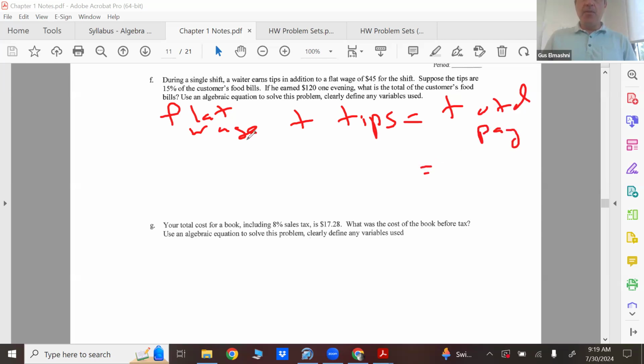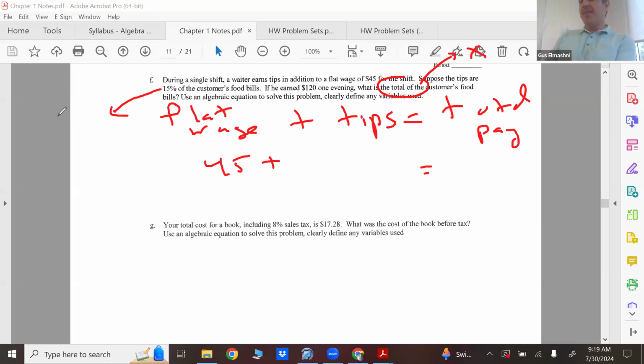Well, the flat wage is $45. Now, how much money did the person make in tips? The tips are determined by percentage. If you ever go to a restaurant, they always say what the tip is. They give you a percentage on the bill. So 15% of the food bill. Well, the question is, what's the total of the food bill? I don't know. Call it X.